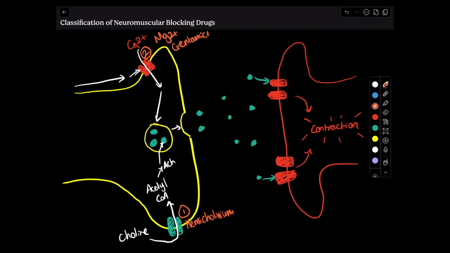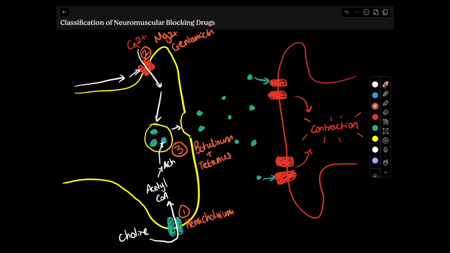By blocking the calcium channel, the vesicles will not be triggered to release the acetylcholine, and therefore no further transmission takes place. This is also a common SBA question, which usually asks which drugs prolong the effect of neuromuscular blockade, with gentamicin or magnesium being the correct answers. The third target of drugs is the vesicle itself.